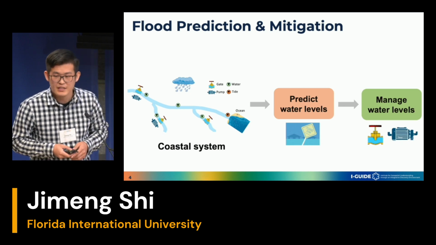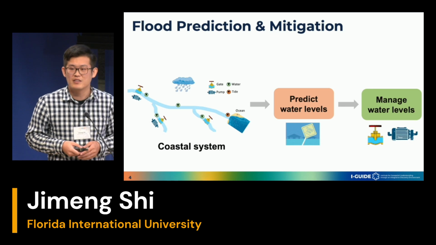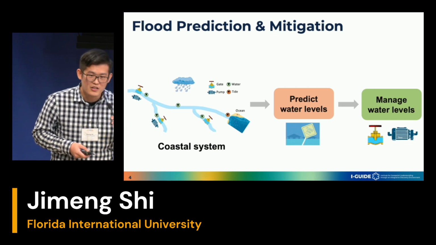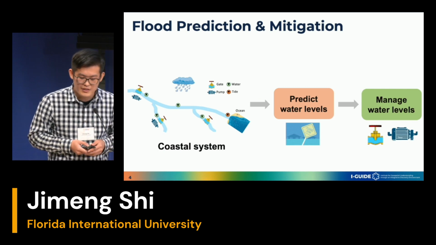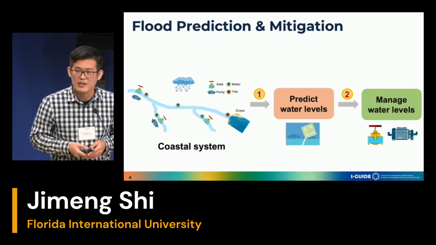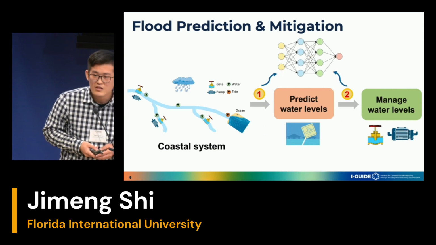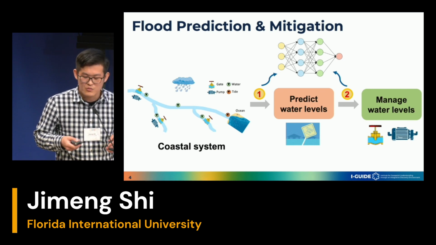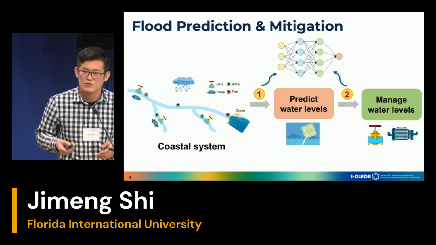For the water level prediction, most of current models are physics-based models, for example, HEC-RAS. But the limitation of HEC-RAS is that it is very slow, especially for larger watersheds in a big domain. So in our work, both steps are achieved by AI models, by neural networks. One advantage of a neural network is once the neural networks are trained, we can deploy them to practice, and they will give the output very quickly.